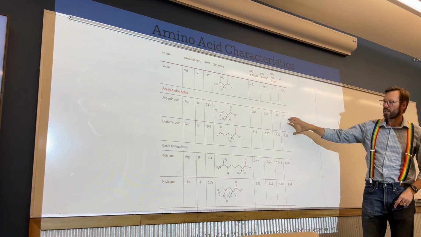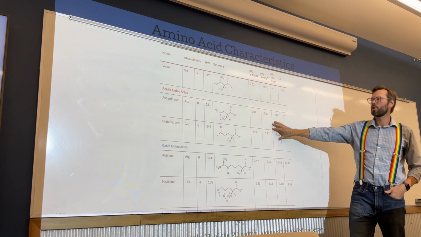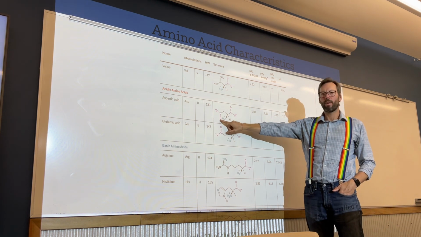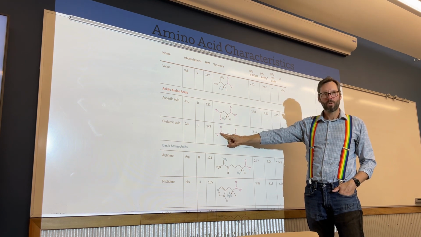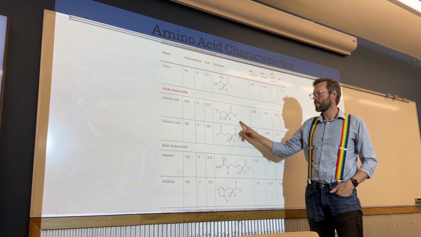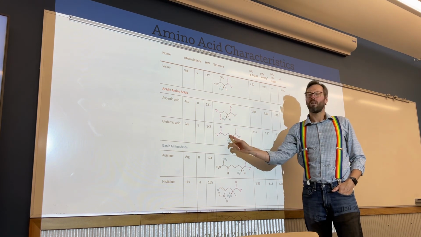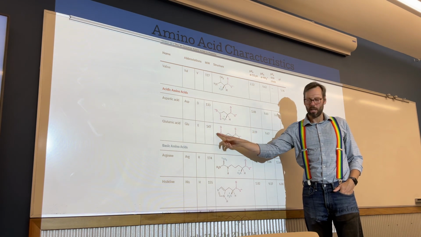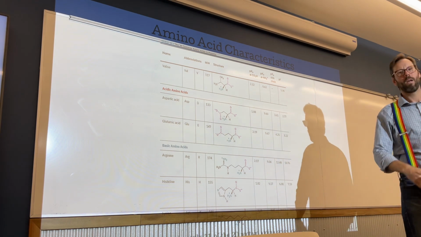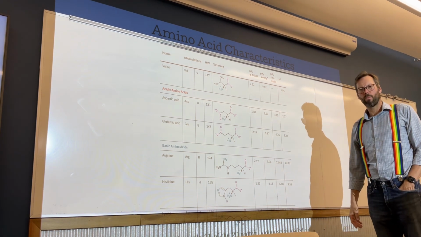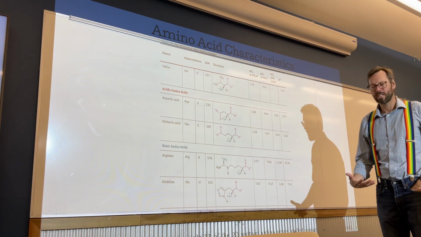Then we get into acidic. There are only a couple acidic amino acids, and what you'll notice is that the R group has a carboxylic acid group. Right? So that's why they're acidic, because in addition to the carboxylate ion on one end, they have a carboxylate ion at the other end as well, which is going to then drive more hydrogens into the solution and make it somewhat acidic.